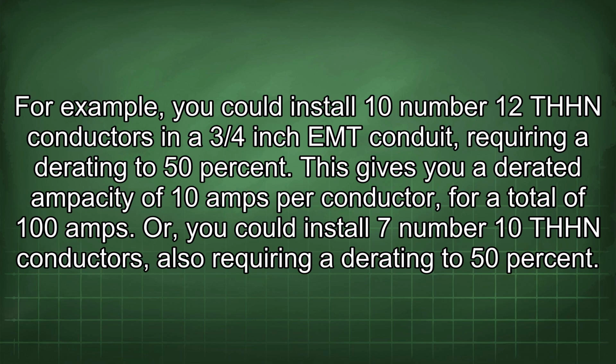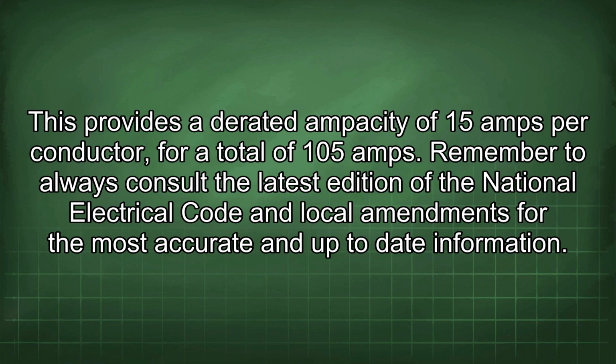This gives you a derated ampacity of 10 amps per conductor, for a total of 100 amps. Or, you could install 7 number 10 THHN conductors, also requiring a derating to 50%. This provides a derated ampacity of 15 amps per conductor, for a total of 105 amps.